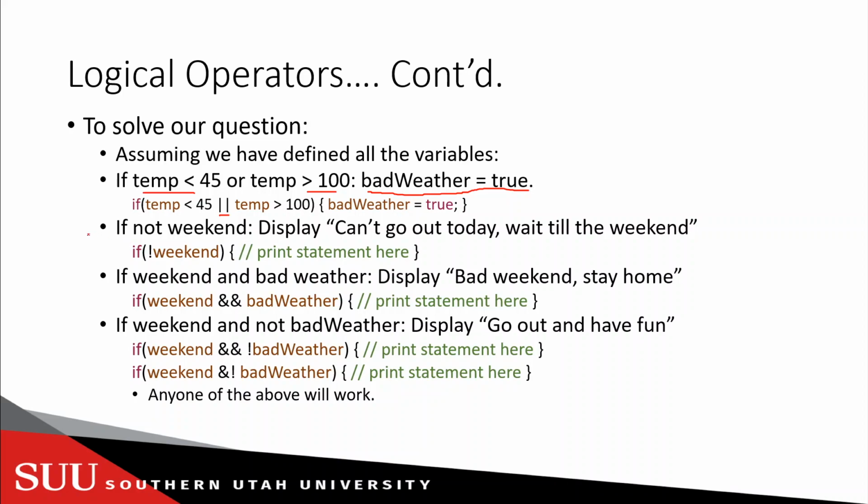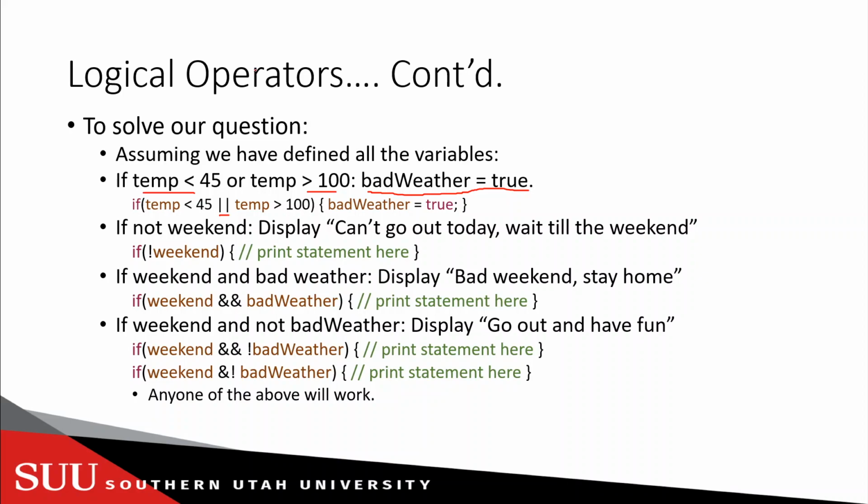Now the second part is, if it's not a weekend, display we cannot go out today, wait till the weekend. Keep in mind that weekend is a boolean, so a boolean can only represent true or false.